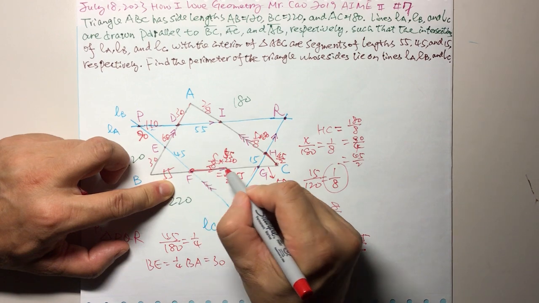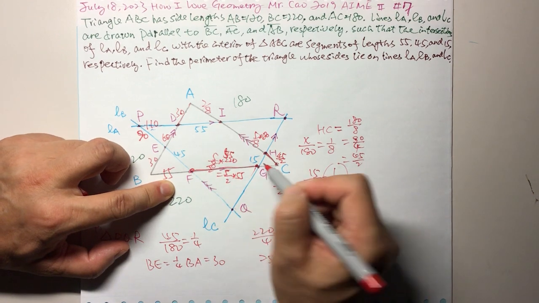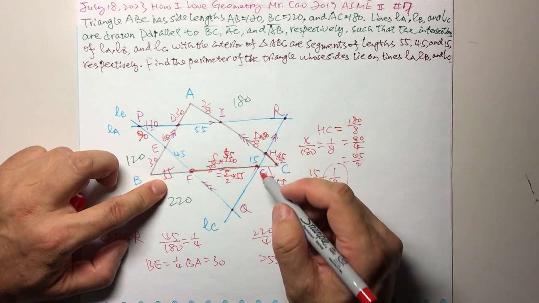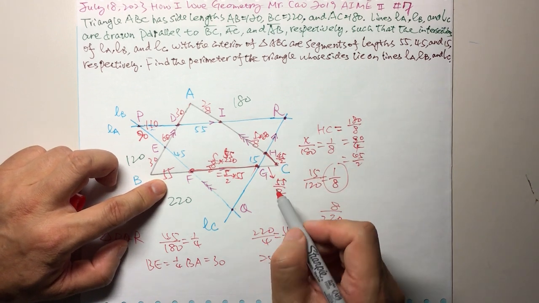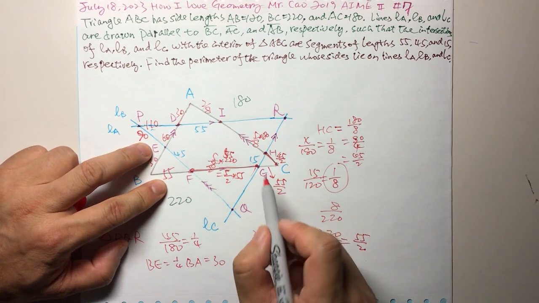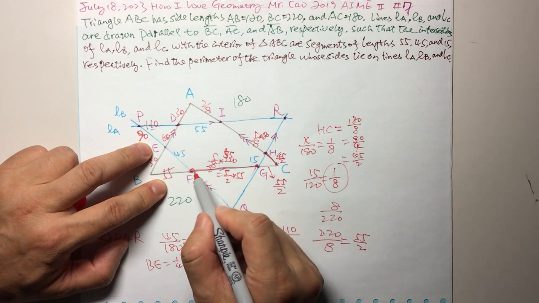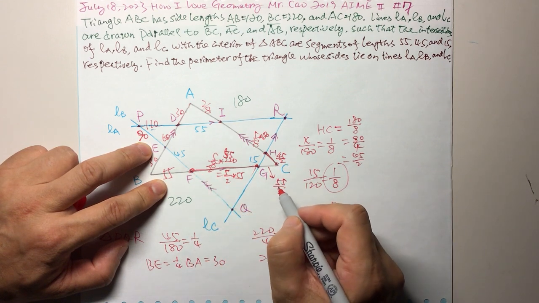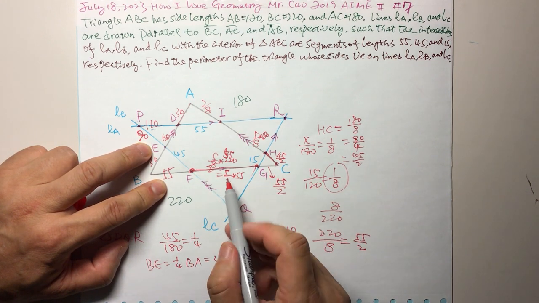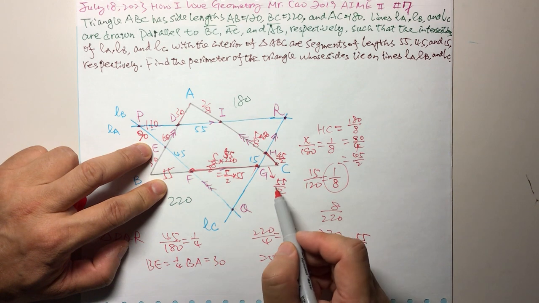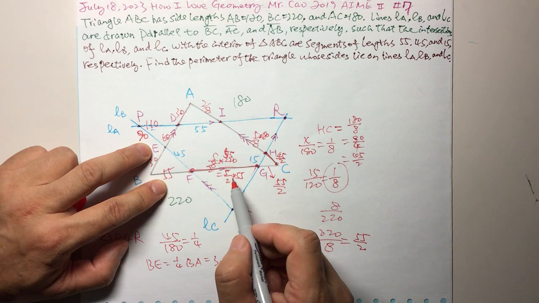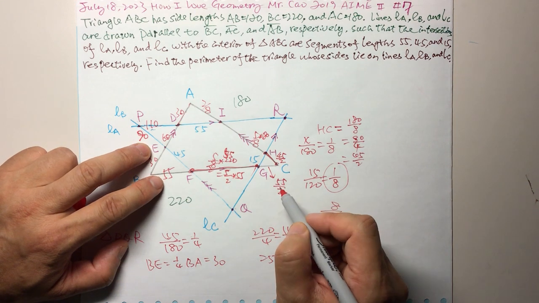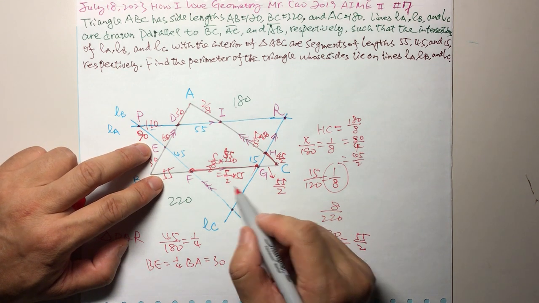This is FG. Now, this over this one is like 1 to 5, right? Here is 55 over 2, and 55 is 5 halves.